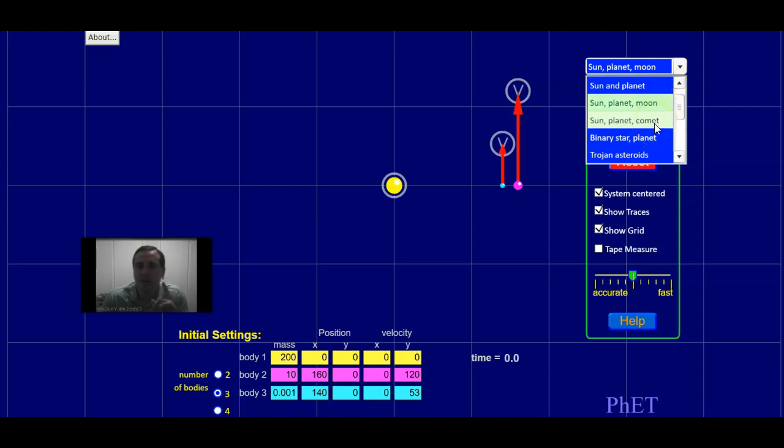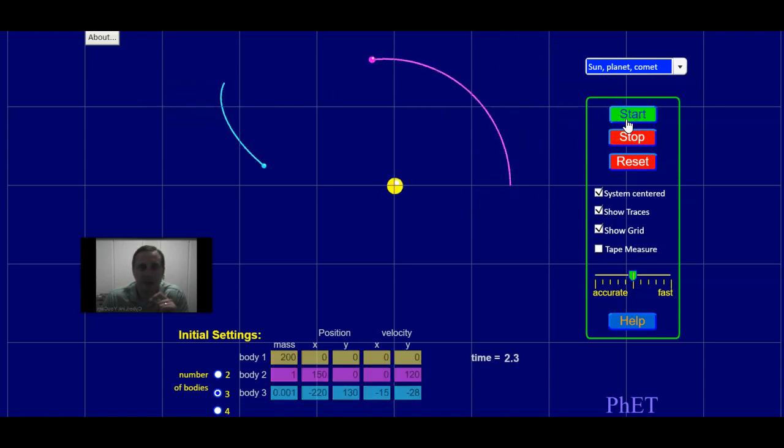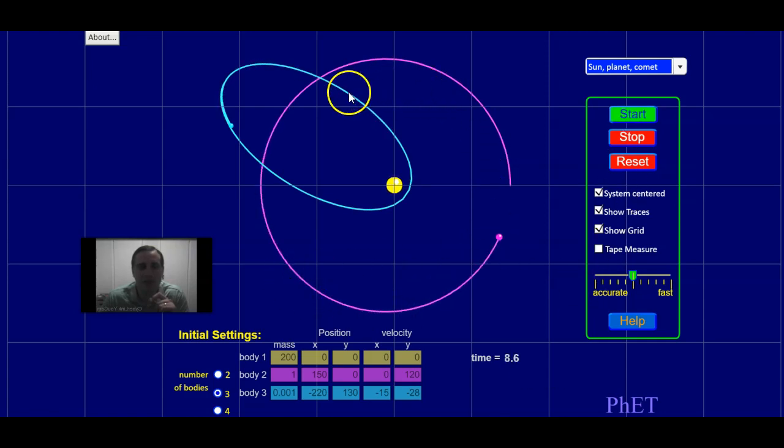How about a sun, a planet, and a comet? So what does it look like for Earth to observe Halley's Comet? Notice that Earth is a nearly circular path, it's still elliptical, but notice that Halley's Comet, depending upon where it is in its orbit, can only be viewed at certain times or only certain distances away.